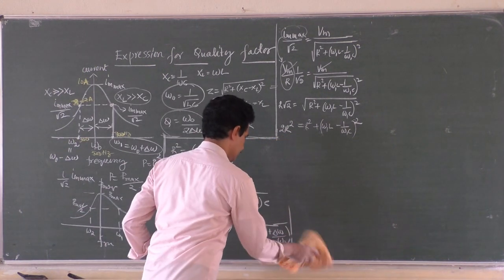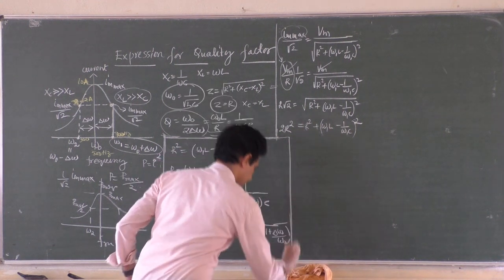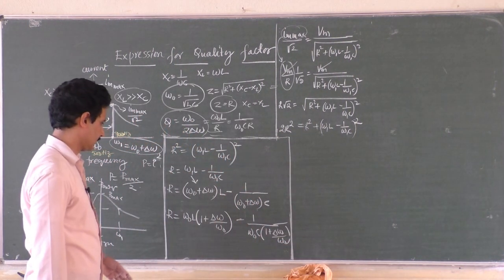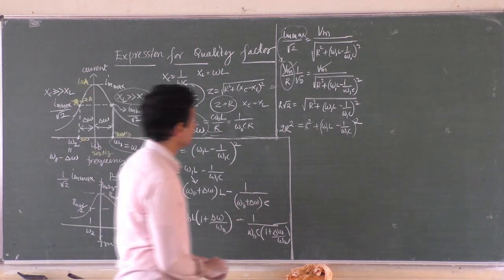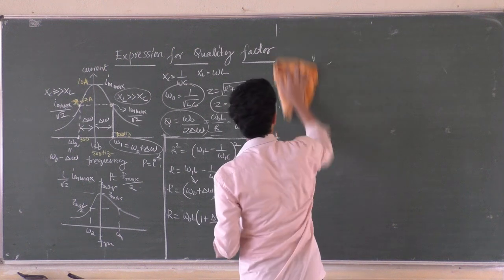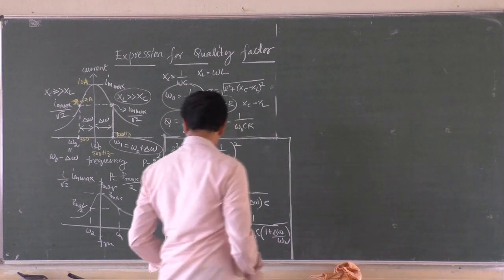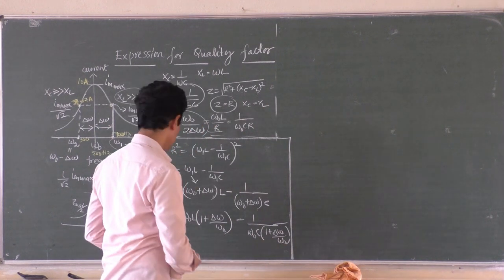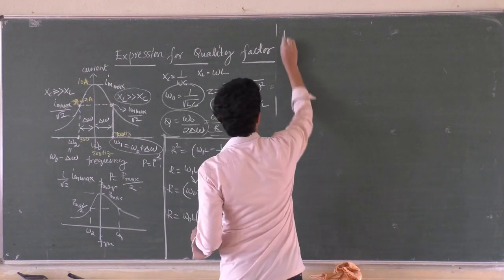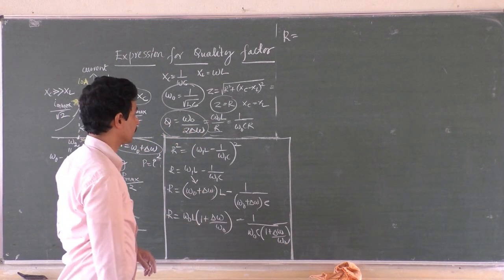We'll have to write it now here. Shall I rub this also so that I will get enough space again? Intermediate steps are not needed. R is equal to omega naught. Here one more substitution.